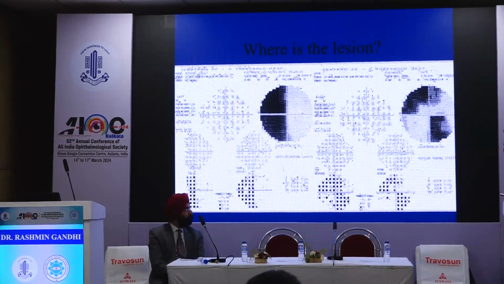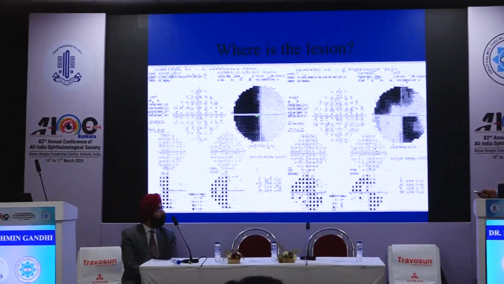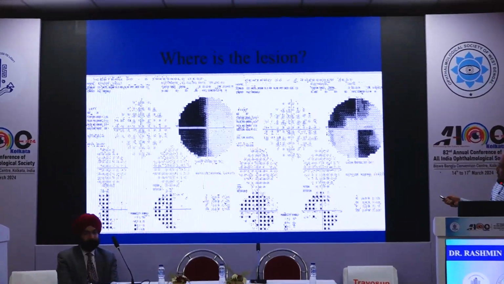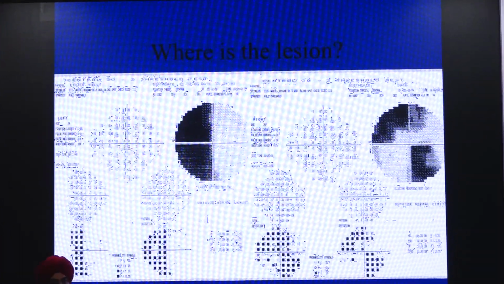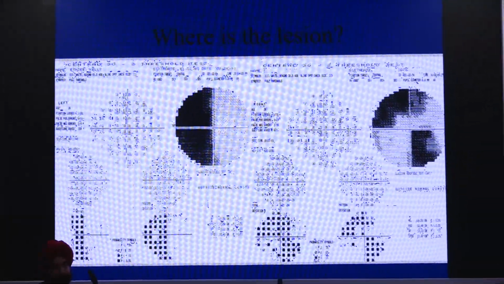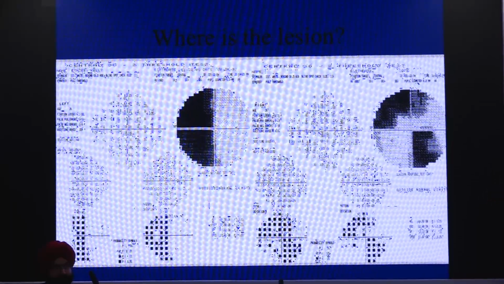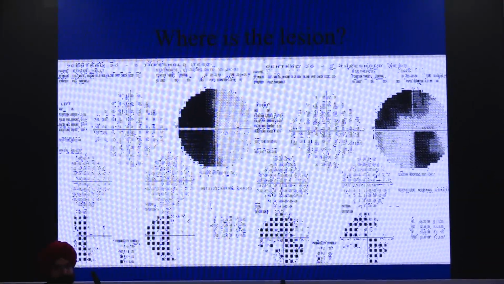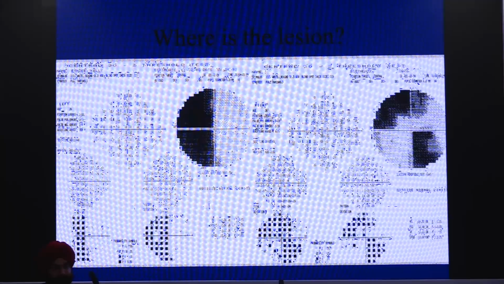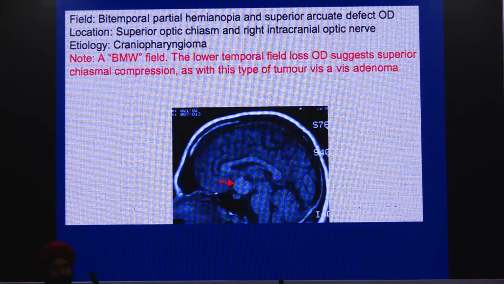So now you know that there is a bitemporal defect, chiasm being compressed from above, and because the right side optic nerve also is showing extra defect, you know that the lesion is also veering towards the right optic nerve. So the bitemporal chiasmal problem with a lesion going towards the optic nerve is how you will localize the lesion just by looking at the fields.